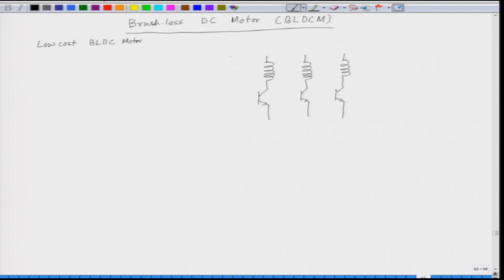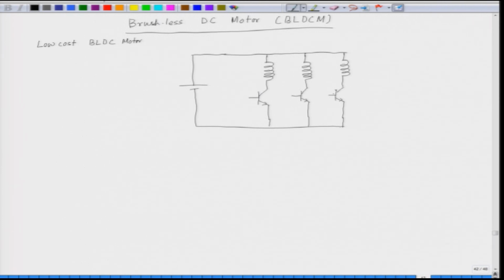So, we have 3 power transistors, and this is supplied from a DC supply. So, we have a DC supply here in the DC side, and each one is a power transistor here.